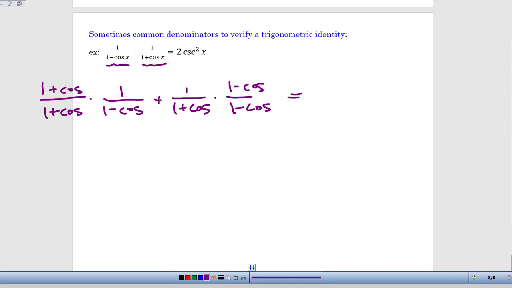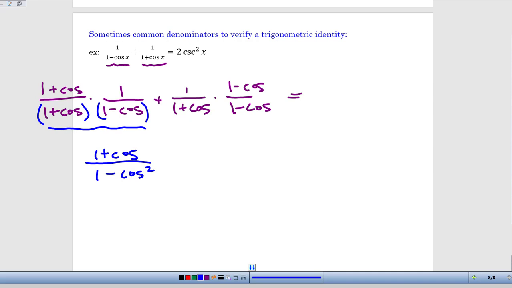On the top of this fraction over here, I've got just 1 plus cosine. Now on the bottom here, I have a little FOIL that I have to do. Hopefully we can recognize this as being a difference of squares pattern, 1 plus cosine times 1 minus cosine. And so what we're going to end up with is 1 minus cosine squared.